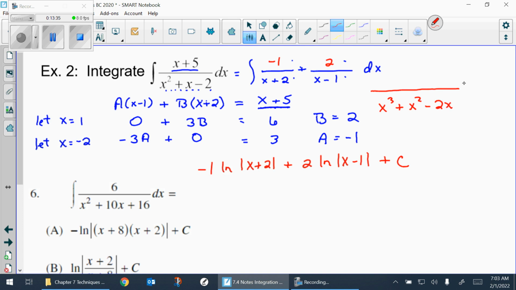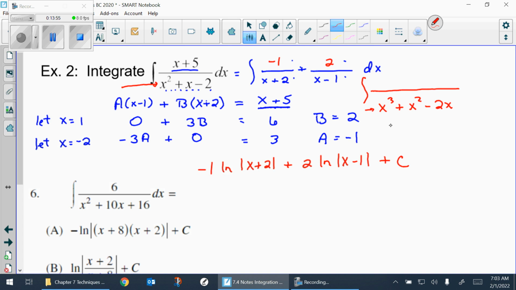And I had to take the integral of something like that. Well, if I factored the bottom, I'd factor out an x, I'd factor out what was left. You know what this is. This is just x times this.